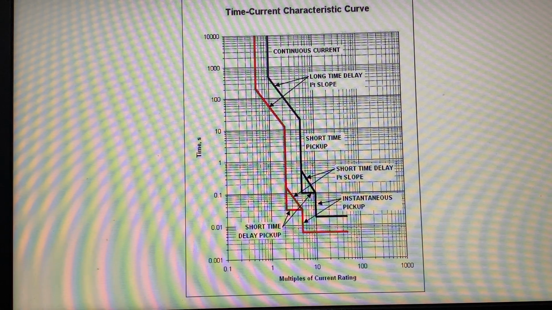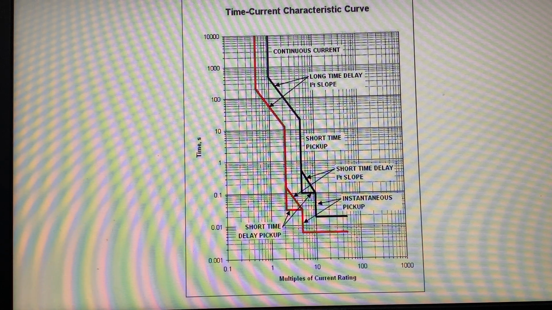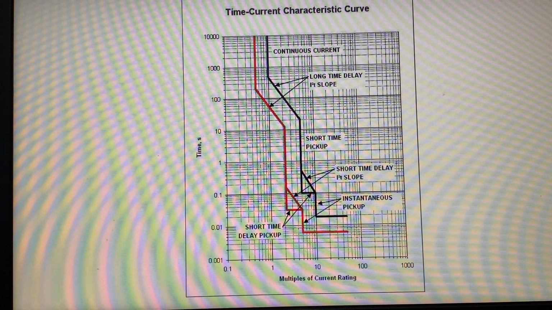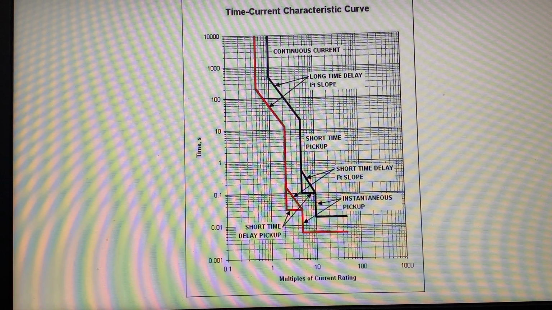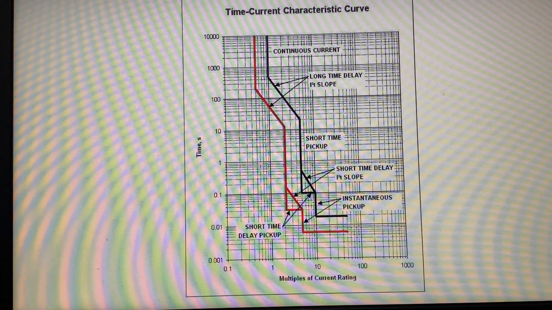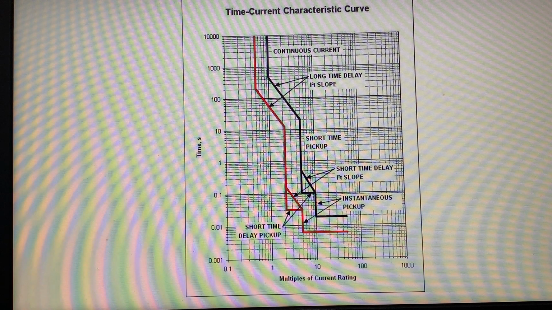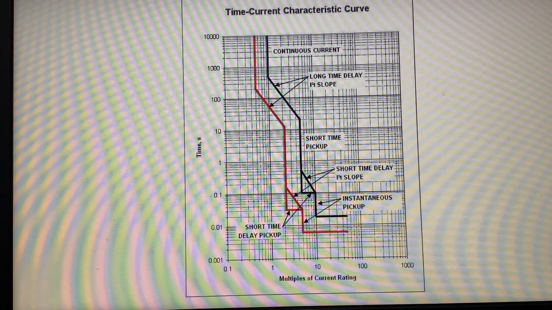We will not go into details, but just know that coordination is achieved by selecting the value of current at which the breaker should trip or the time for which the breaker should withstand the current, or a combination of both. Similarly, we can achieve the discrimination by the amount of energy passing through the breaker, or even have breakers communicating to each other, with the downstream breaker sending a signal or a hold signal to the upstream breaker.